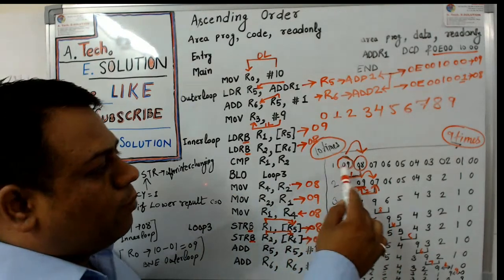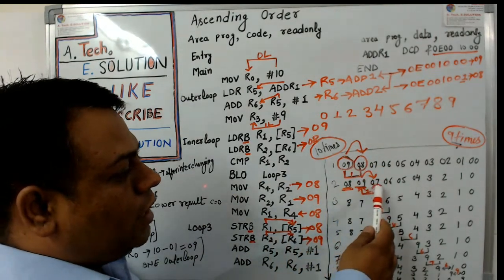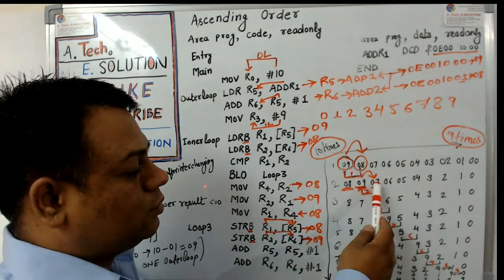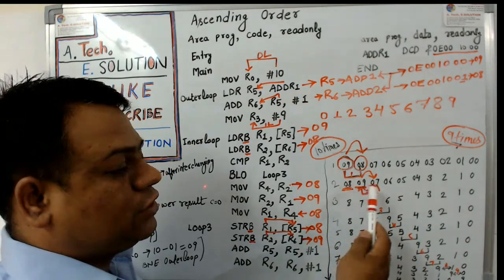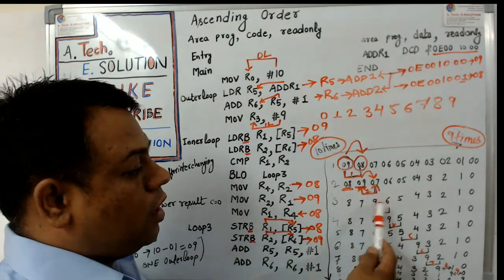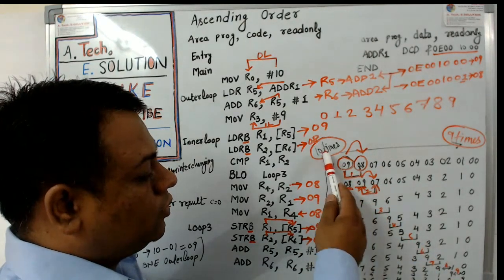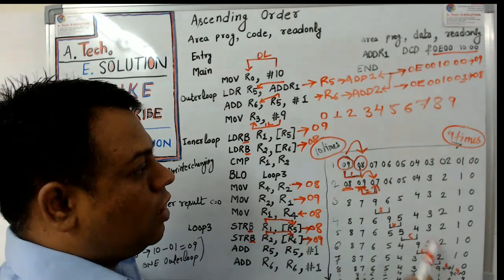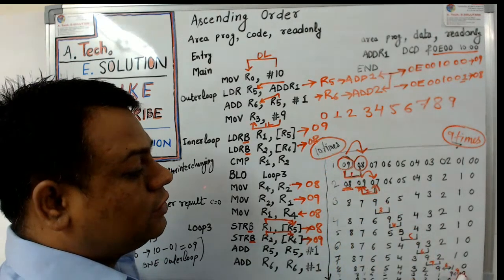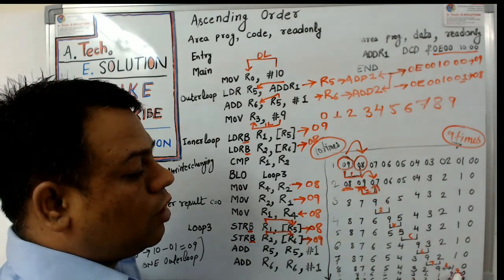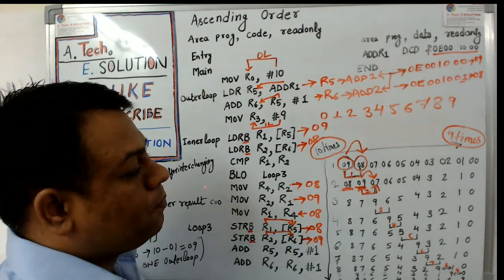We have to compare these numbers, and if the number is smaller, then we interchange these two numbers, and this step moves from the first location to the 10th location, and the inner comparison is up to 9 times.